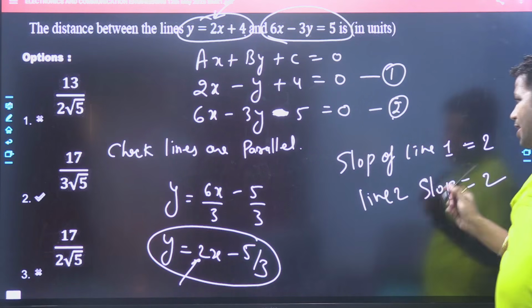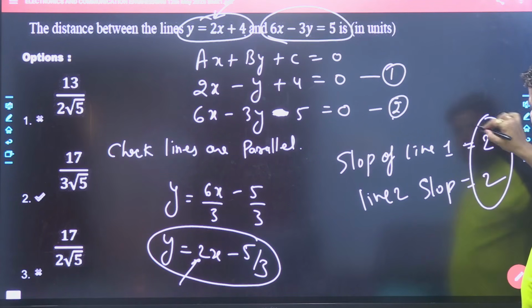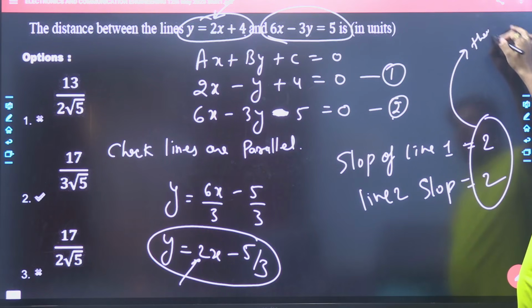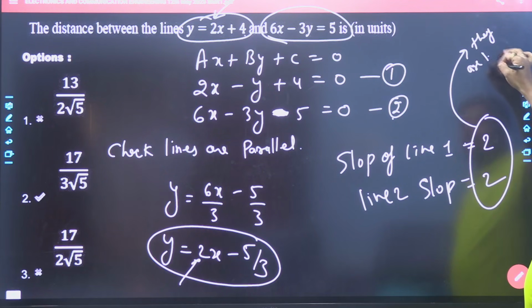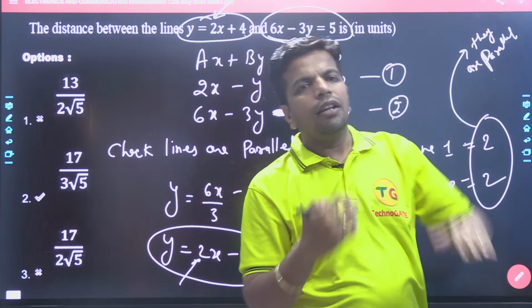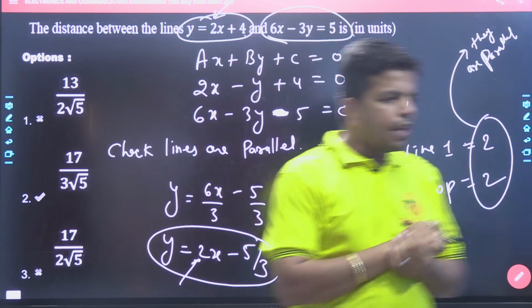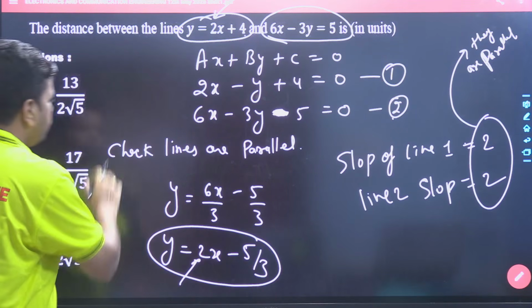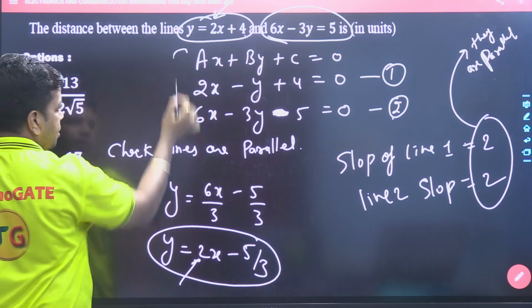So if the slopes of both lines are the same, that means they are parallel. The point concludes here: both lines are parallel. Now if both lines are parallel, then definitely both lines are at some distance. Now we need to find that distance. So to calculate the distance, we need to use these equations. See.